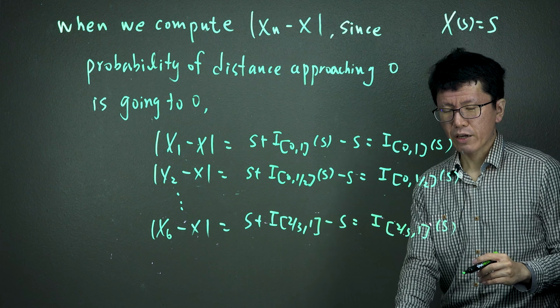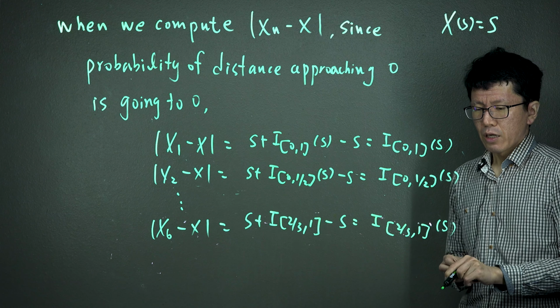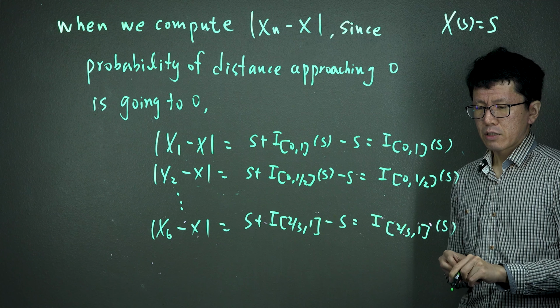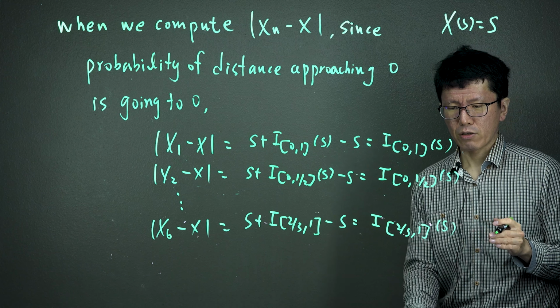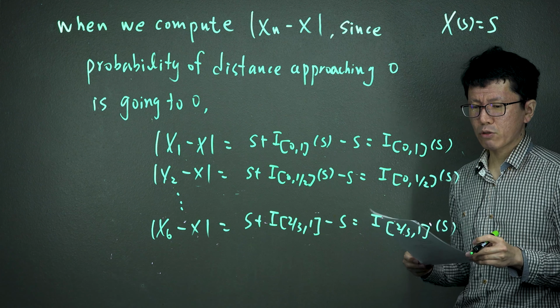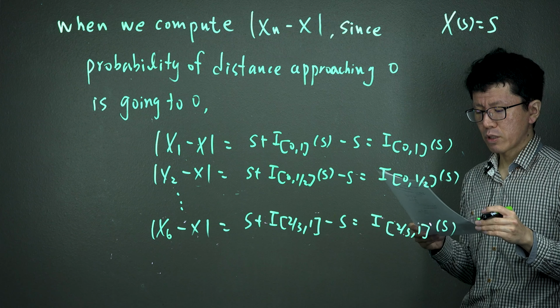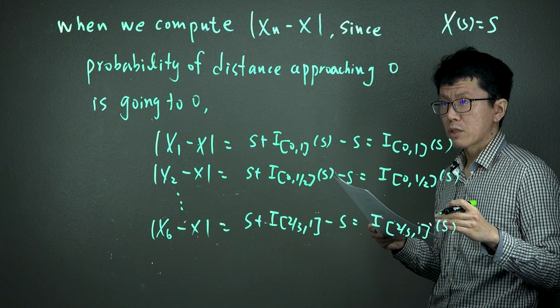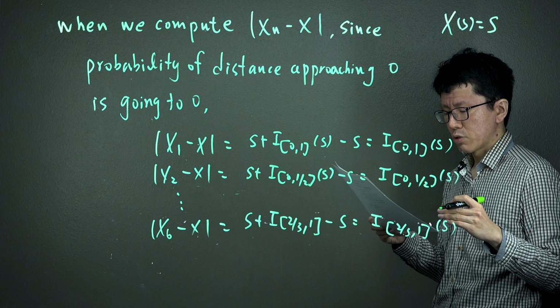So we have a sequence of indicators, and when n goes to large, this sequence of indicators is with respect to very small intervals. So if you take this probability, the probability of the distance not approaching 0 goes to 0.